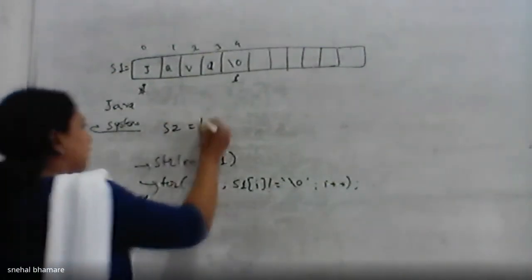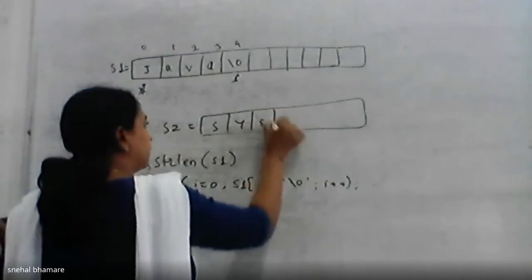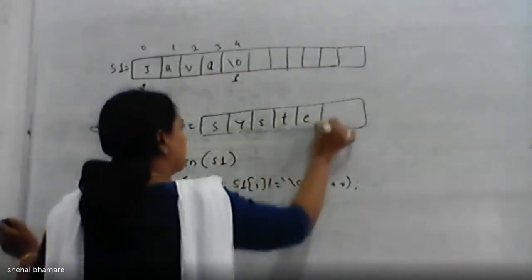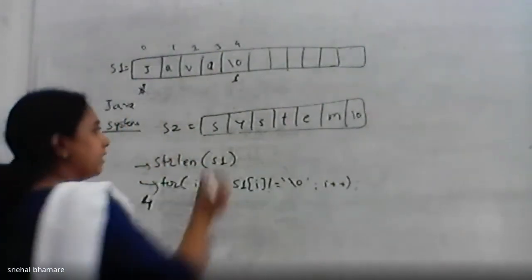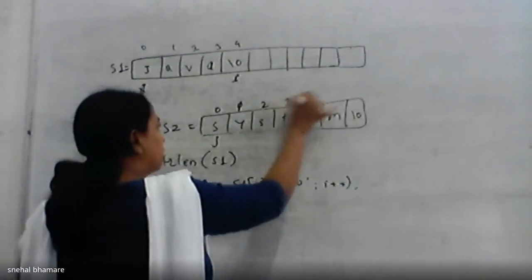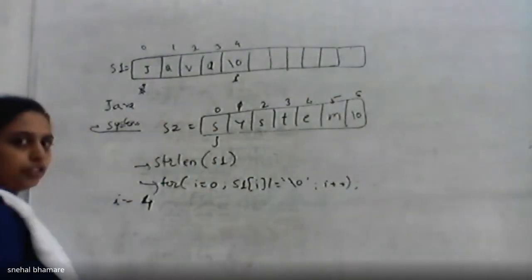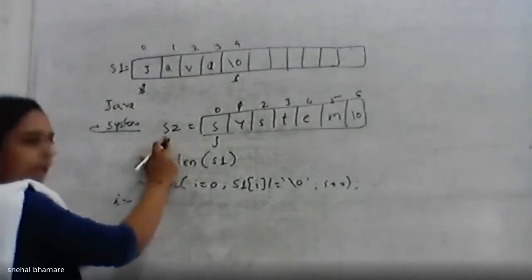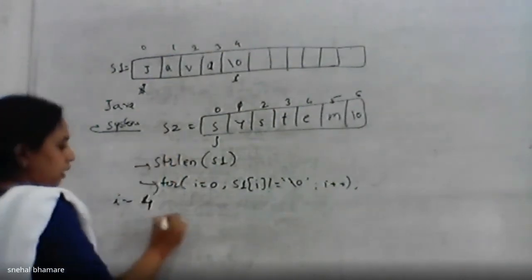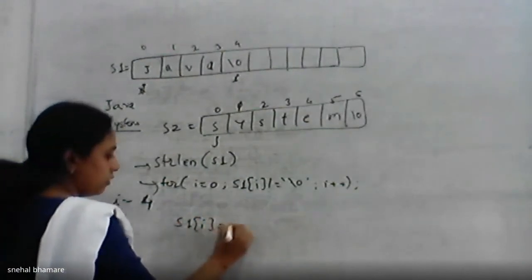Suppose this is my second array. I initialize j to the 0th location of S2.